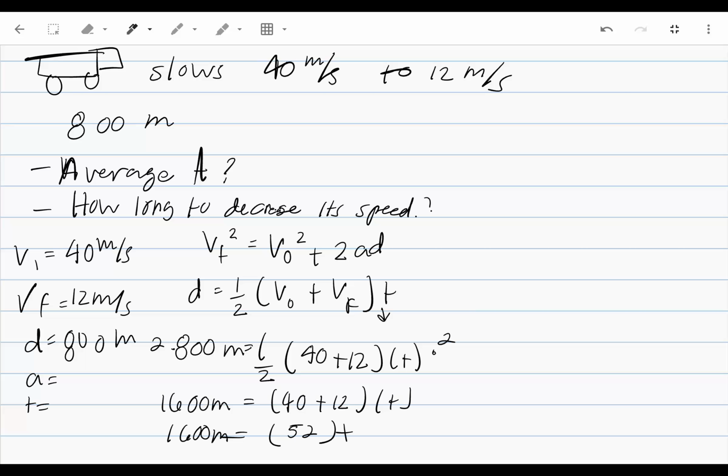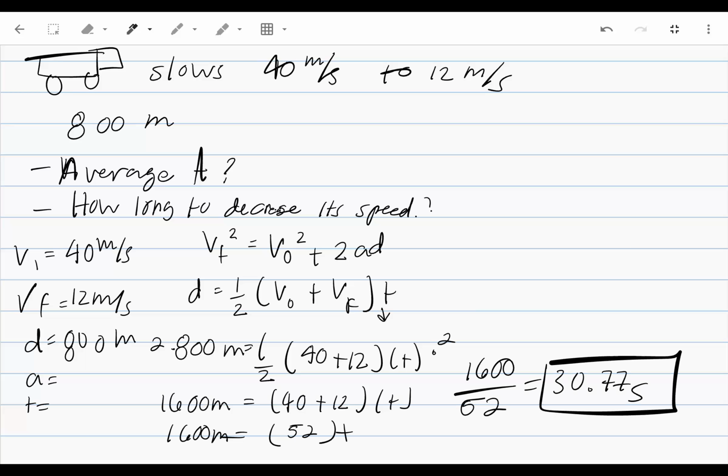So here you can see that from 40 to 12 would be 30.77, my bad, seconds. And if you want to know where the units went, it'd be down here, with the 40 plus 12.